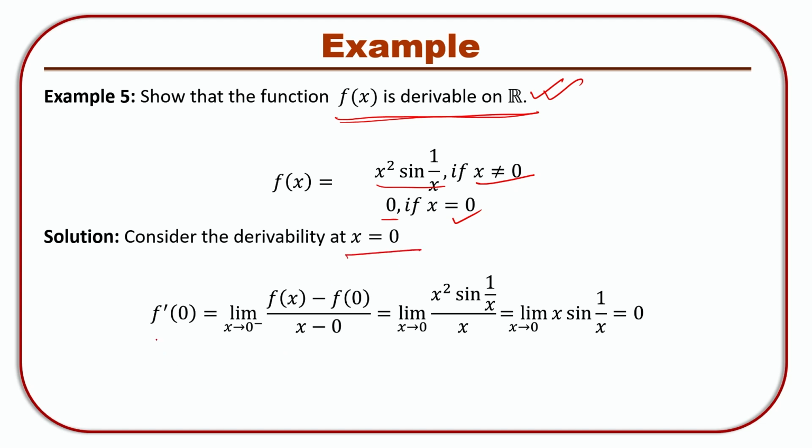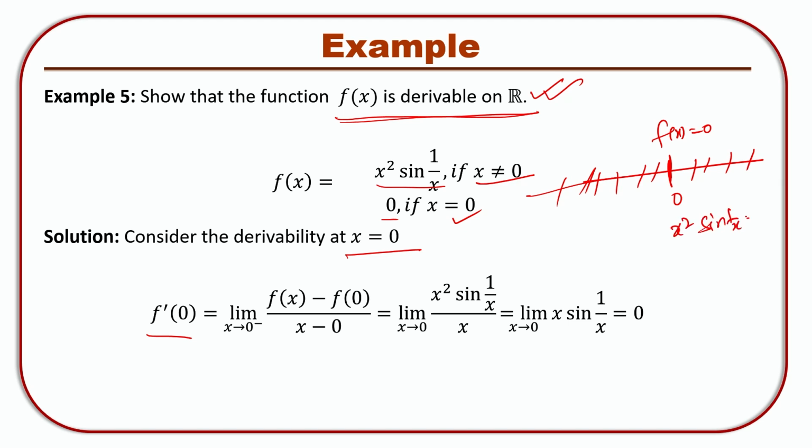We will find out f dash of 0, right, from the left hand side. So now you will have two things. For x equal to 0, f(x) is 0, and for all other points we have x square into sine of 1 by x, right?